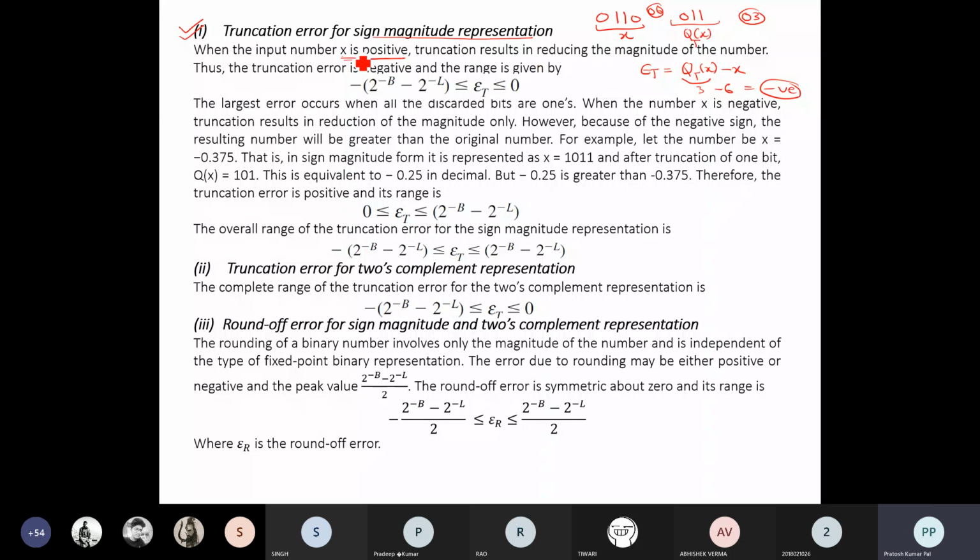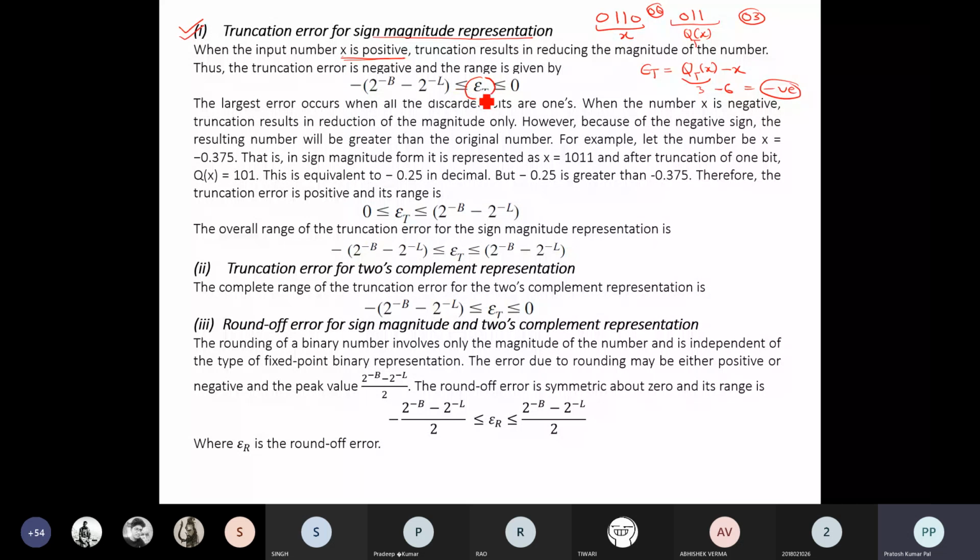So here, if x is positive, the truncated result will be a reduced magnitude value, and that results in a truncation error that will be negative.